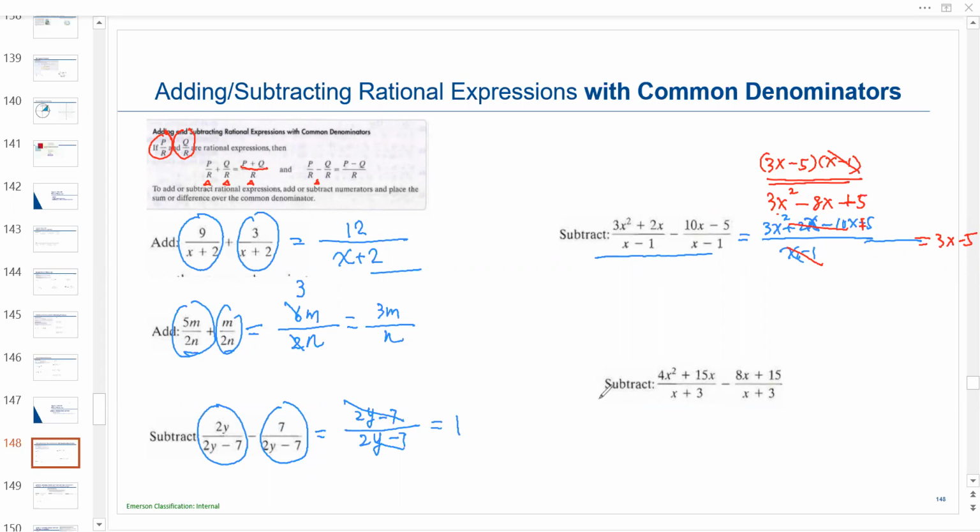See this kind of example, all right? So you can see the denominator is the same. So we keep it as it is, right? What about this part? So you can see here is 4x squared, 15, minus 8x became 7x, right? So here is minus 15, minus both, minus 8x minus 15. So you got this part, right? So you can factor this part.